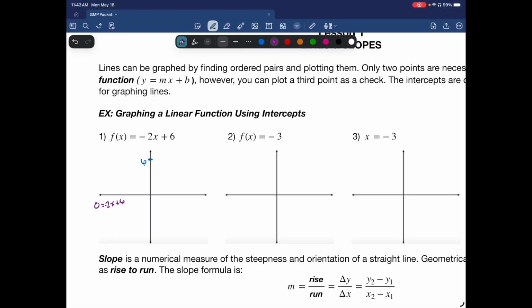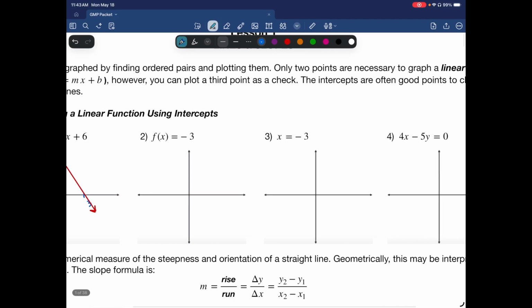When we solve for x here, this is going to give us our x-intercept. So that's going to be 2x equals 6, x equals 3. That means you got x equals 3 right here, and then you would connect your dots. Again, once you have 2 points, you just connect your dots, and that's your line.